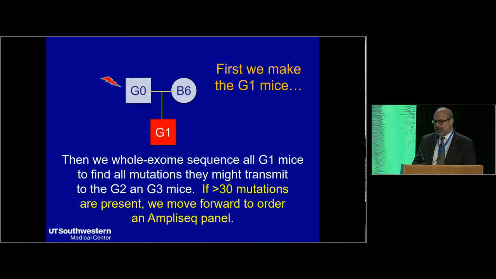If we see that there are more than 30 mutations in a G1 mouse, we consider that that mouse is worthy of analysis, and we move forward to breed it, and in the meantime we order a set of AmpliSeq primers that let us genotype all of the mutant sites across the genome just within that pedigree.